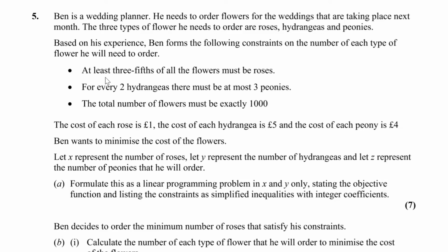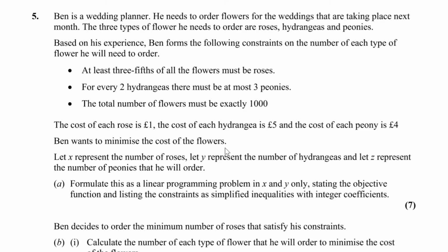So at least 3/5 of all the flowers must be roses. For every 2H there must be at least 3P, and the total number of flowers must be exactly 1000. The cost of each rose is £1, the cost of each H is £5, and the cost of each P is £4.